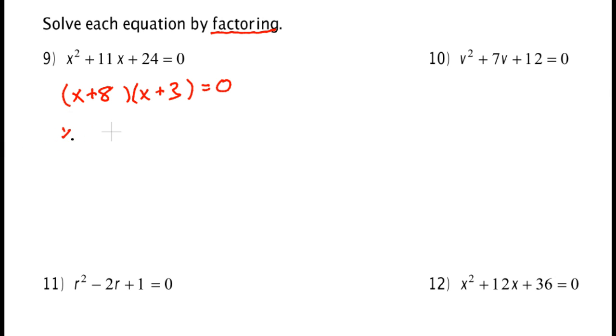So we're going to get x plus 8 equals 0, and x plus 3 equals 0. So x equals -8, x equals -3. Now, what do these mean graphically?